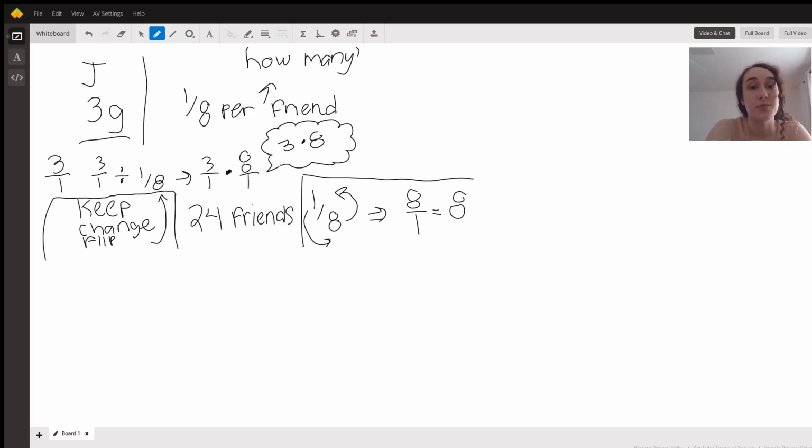And you end up with, let me change this to green so we know this is our answer since we have a lot of numbers hanging around. And here we have 24 friends that Joseph can serve with these 3 gallons of lemonade, if each friend is given 1/8 of that. So think of it this way.